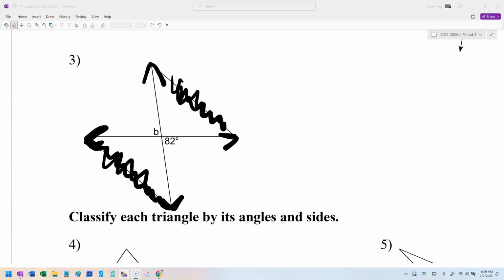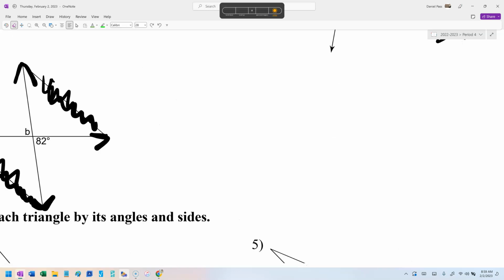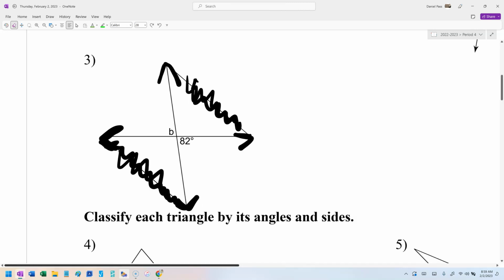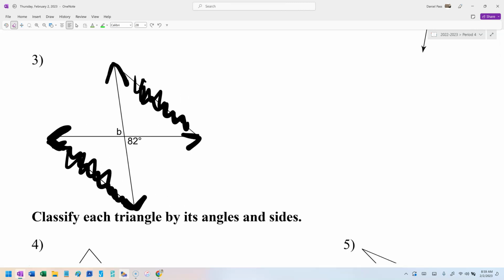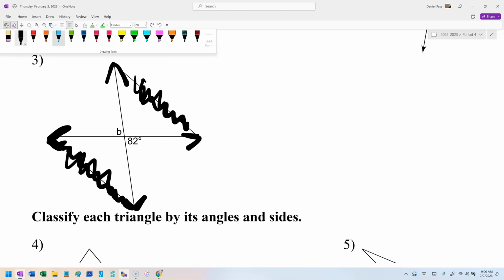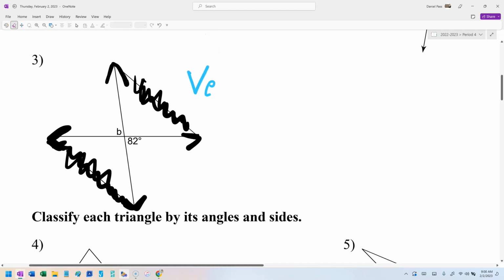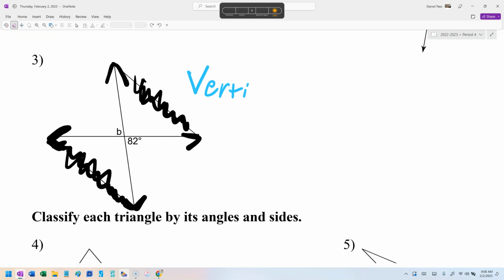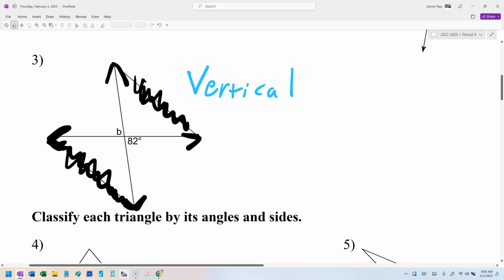Okay, so here we go. Mr. Spicy Salsa, go ahead. It's vertical because it has two equal sides. What do you mean by vertical? Vertical angles are equal.